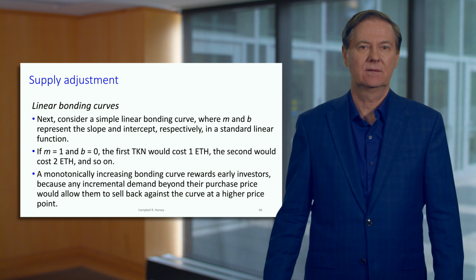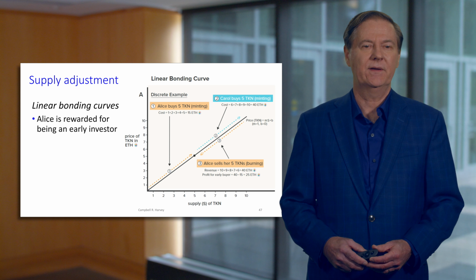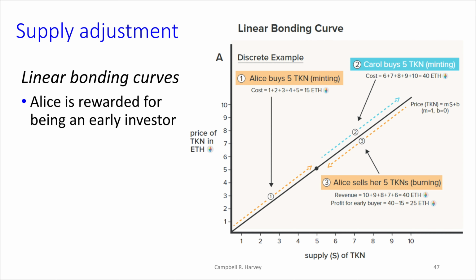Here, Alice is going to buy 5 token. The 5 tokens are going to cost 1, 2, 3, 4, 5, and the total amount that Alice is going to pay is 15.